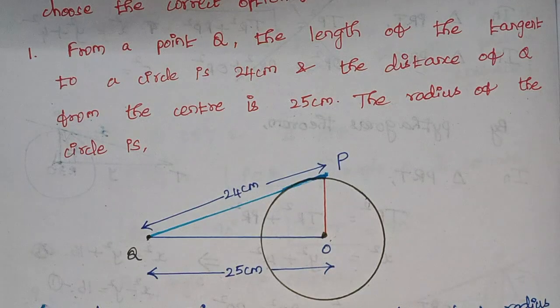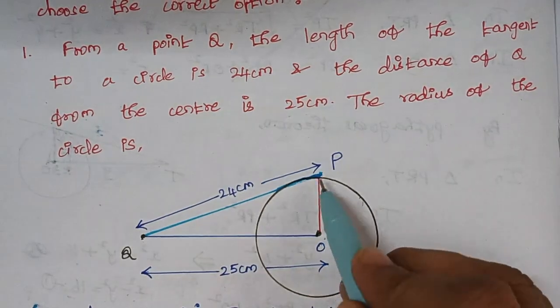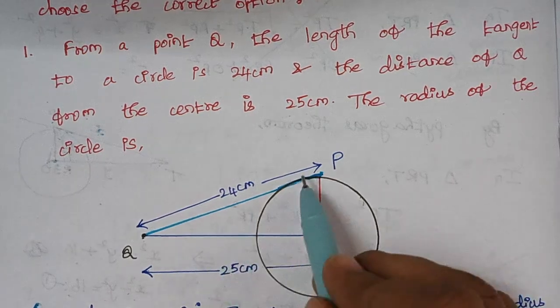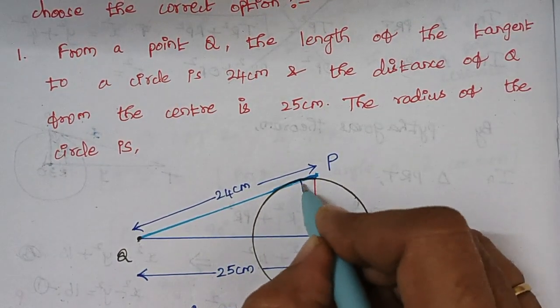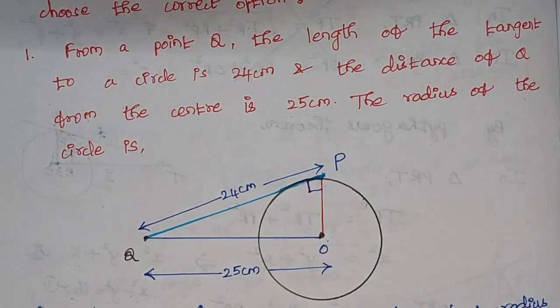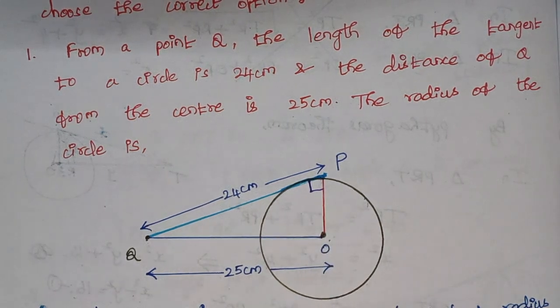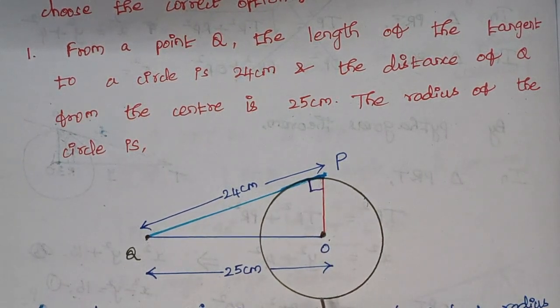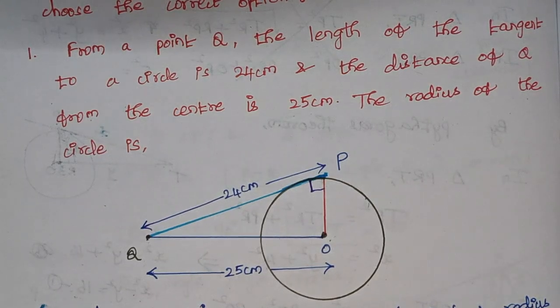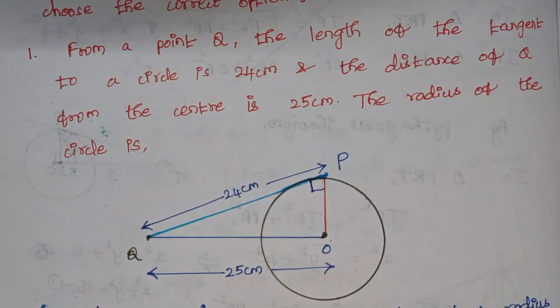The first thing is, as we already know, the angle between the radius and the tangent to the circle is always 90 degrees. So this is a right angle triangle. Now we have to use our Pythagoras theorem. Hypotenuse square is equal to the sum of the squares of the remaining two sides.